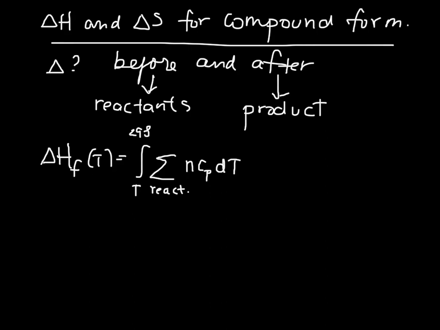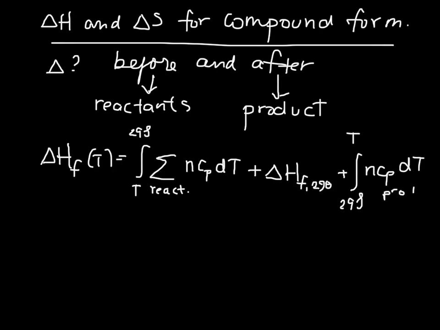So we go down to 298, then we can look up the tabulated value of delta HF at 298. And so we sort of let the reaction occur at 298, and then we integrate from 298 to T of N Cp dT, and this here is for the products.